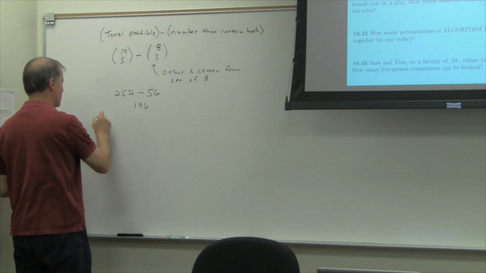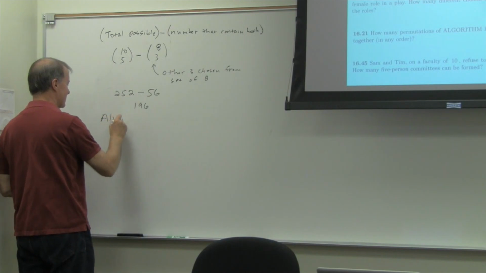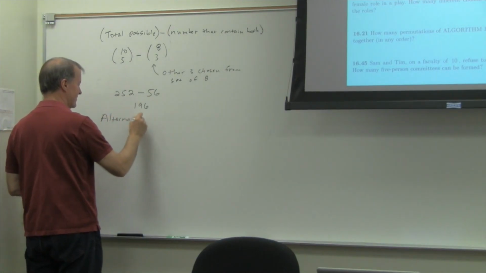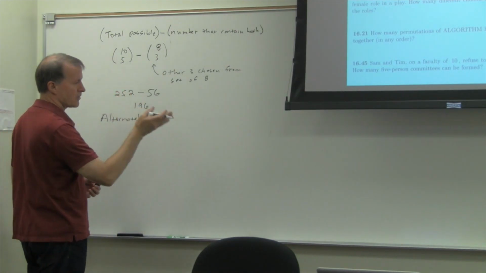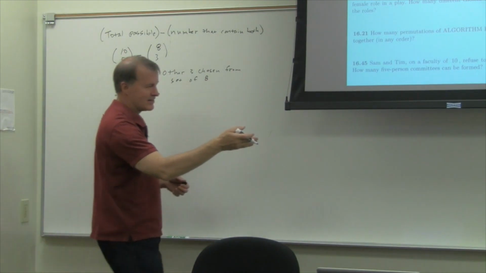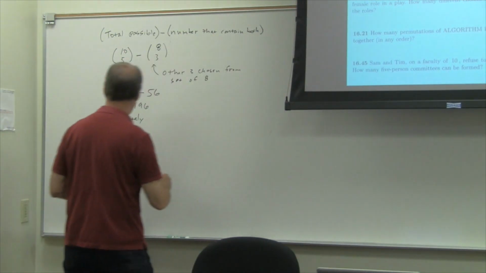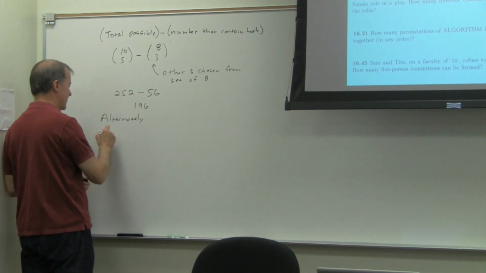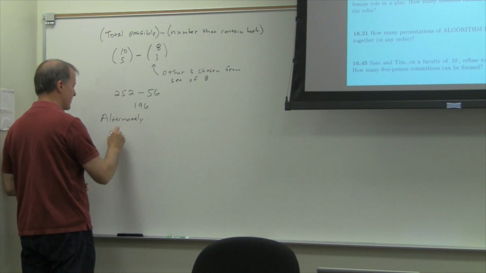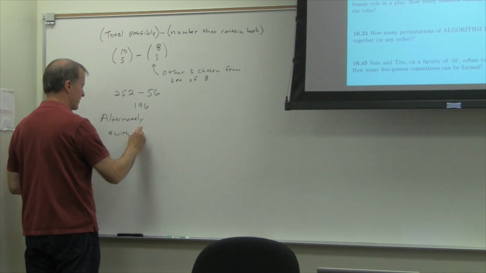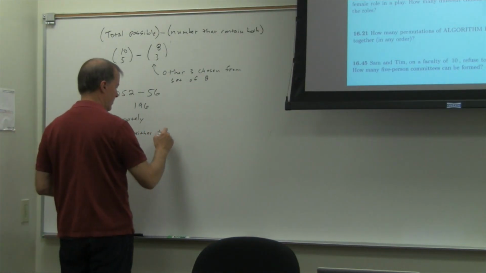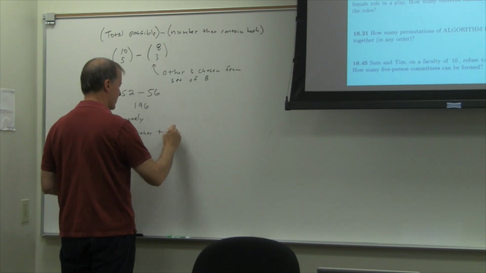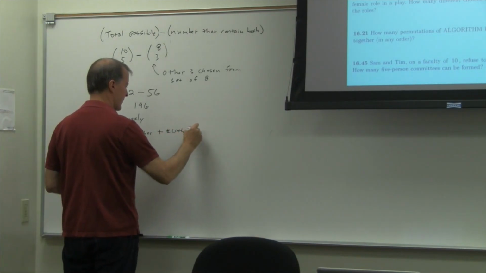Okay, so let's do Ben's way. Alternately, what is it that we're doing? What are we adding? We're adding the case when neither Sam nor Tim is on the team: the number with neither, which is 8 members, plus the number with Tim, plus the number with Sam.